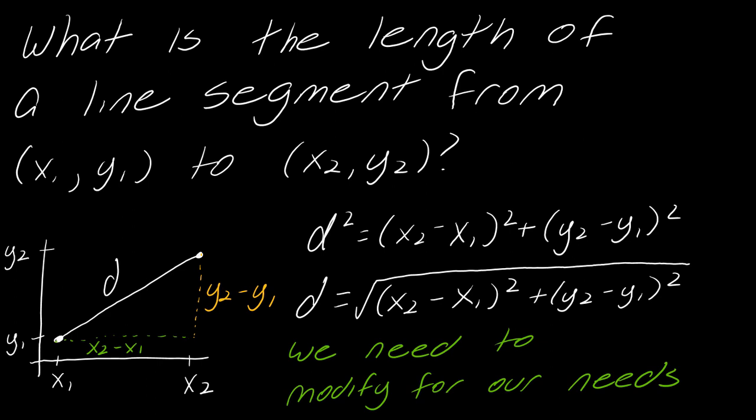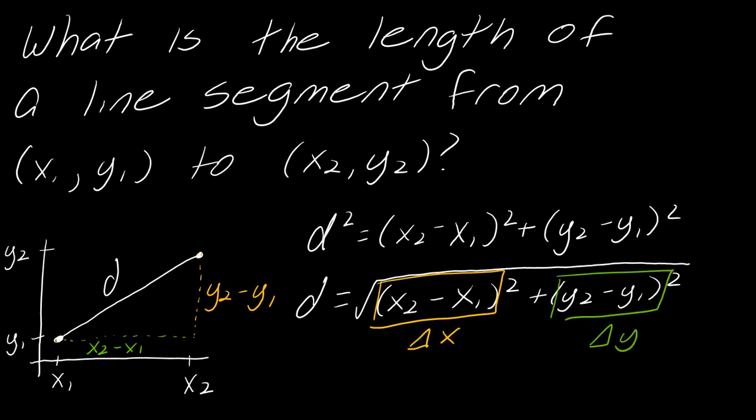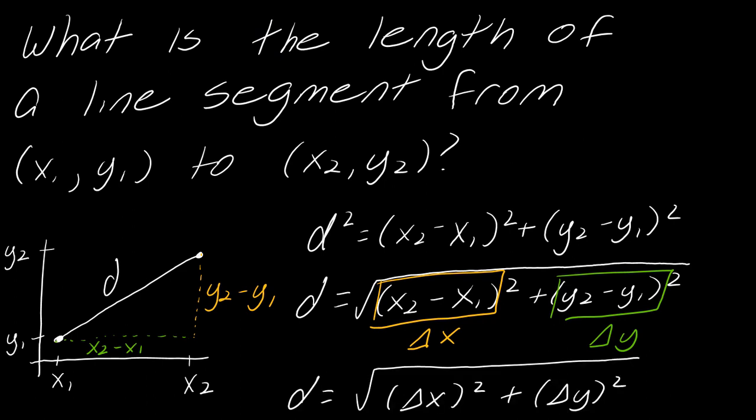A lot of times we have the same formulas and then we modify them and change the way that we think about them just for the application. So in this case, instead of calling this x2 minus x1, I want to call this delta x. What that means is the change in x, so the change from here to here. And then the y's, y2 minus y1, that'll be delta y. Okay, so keep that in mind.